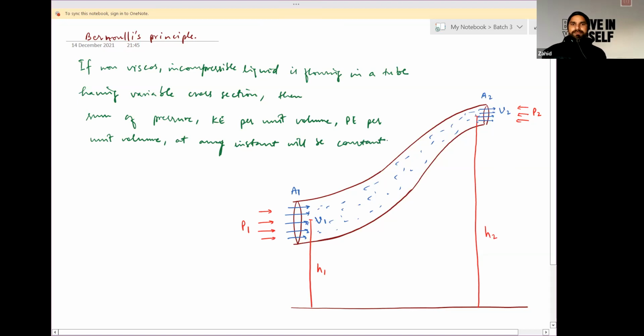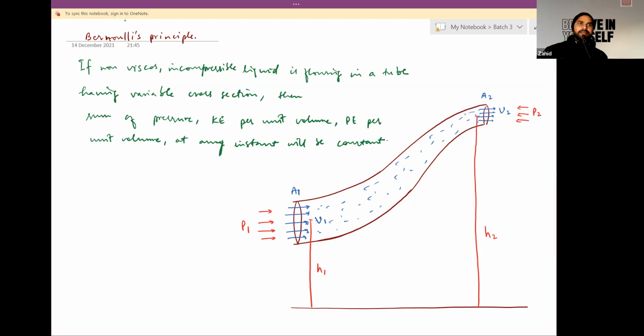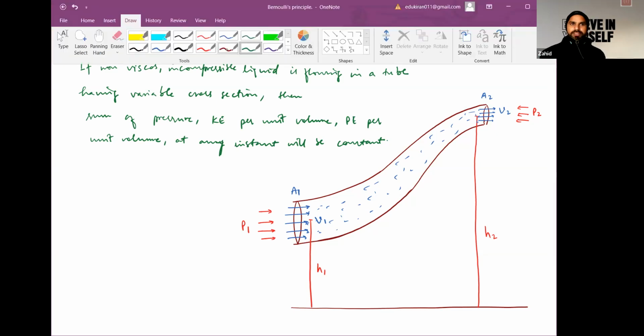Abhinav, any doubt? No doubt, sir. So we have to prove this statement, that the sum of pressure, kinetic energy per unit volume and potential energy per unit volume is constant.